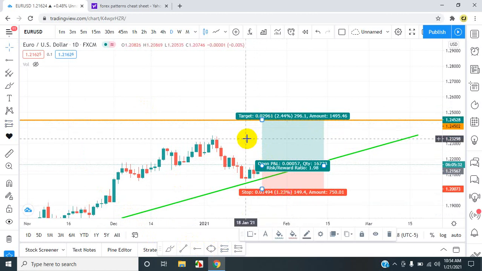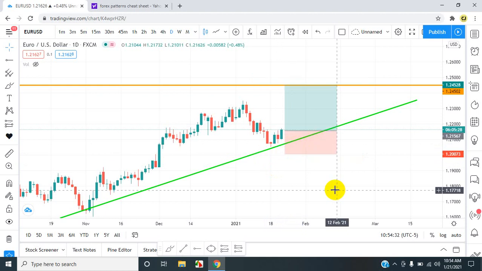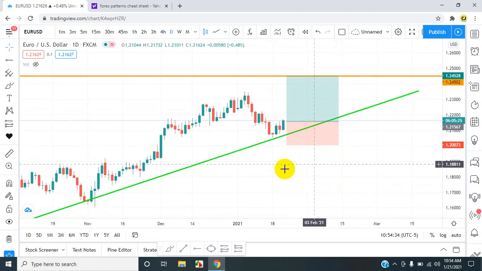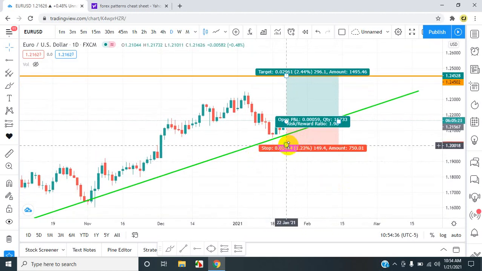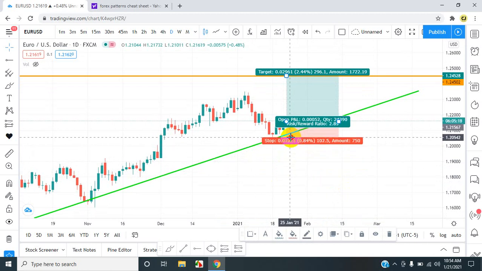That's an amazing move. And for the stop loss, there's a long way down. This is when it gets iffy, because if you pull the stop loss down, this is the area of support. Where is it at? That's about 102 pips.